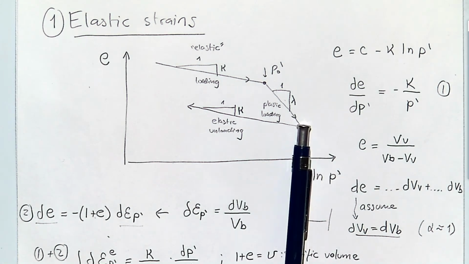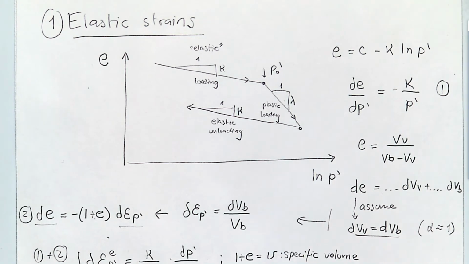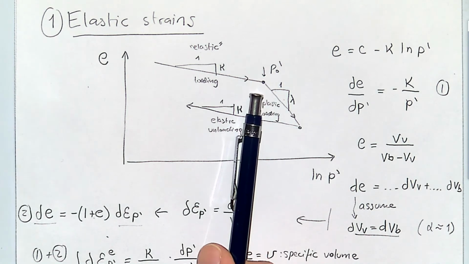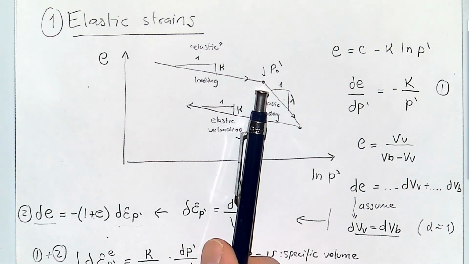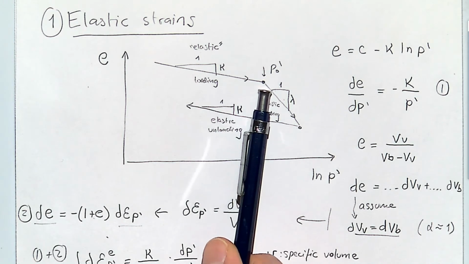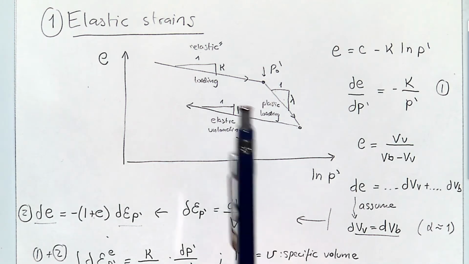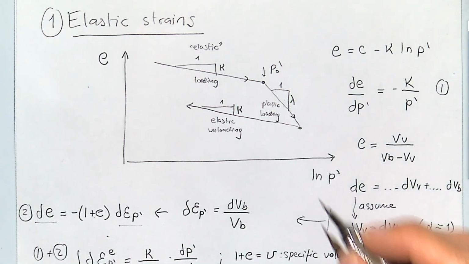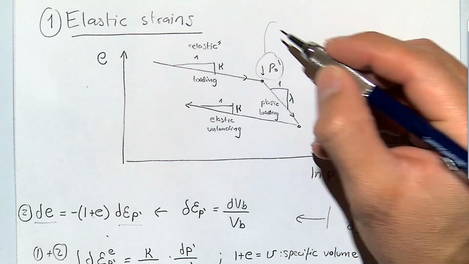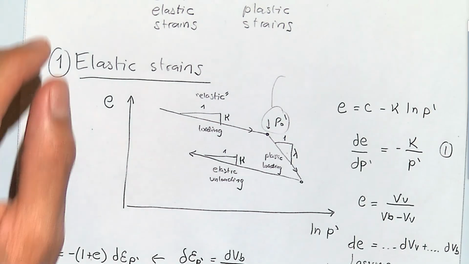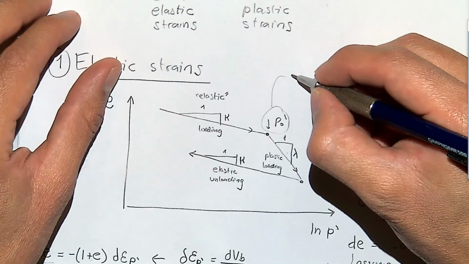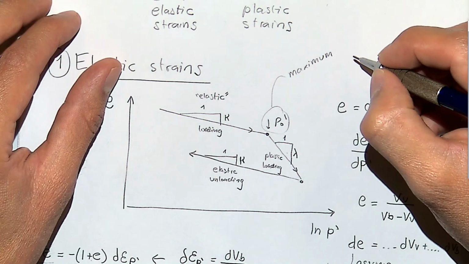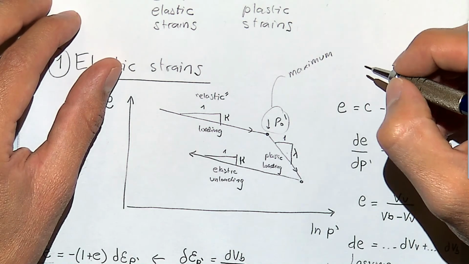Okay, but now we have the component in the plastic region. This would be the point in which, for example, you start to have grain crushing, or where you start to have pore collapse. You go over the maximum stress. This stress is very important because many times that stress is also known as the maximum, let me remember the name.